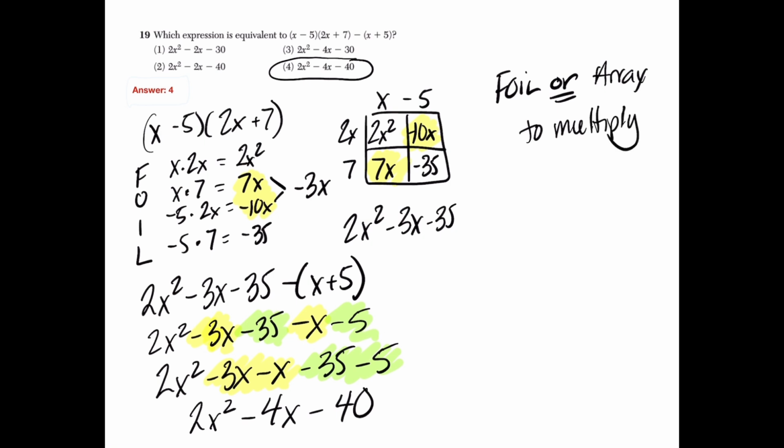You can use whichever one you feel most comfortable with. And then afterwards, please do not forget to distribute carefully. And I always like to combine like terms. For me, I like to put the terms that are the same next to each other so that it's easier for me to combine them. And just be careful with your positives and negatives. Hit pause and jot this down into your notes.